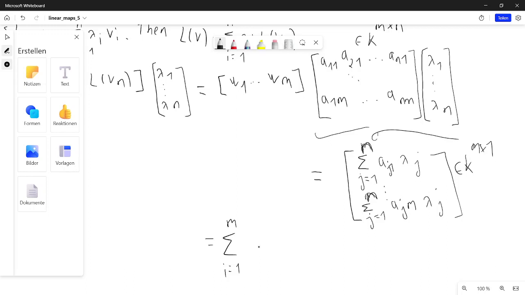So we kind of have the following: sum from j equal 1 to n of a_j lambda_j. Oh, sorry. Here we go through thrice, of course.